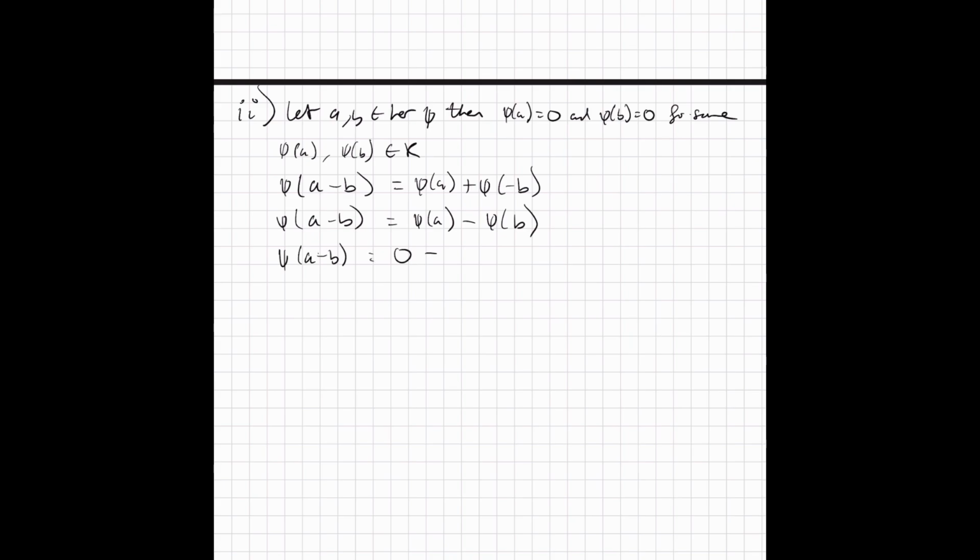So psi of A minus B equals 0 minus 0, which is equivalent to 0 as it's the identity.